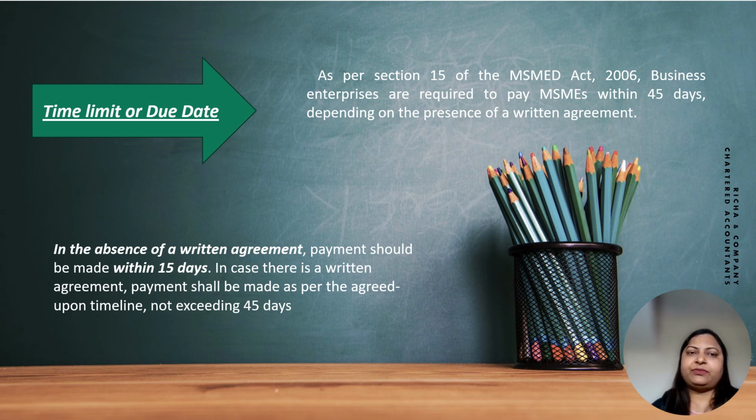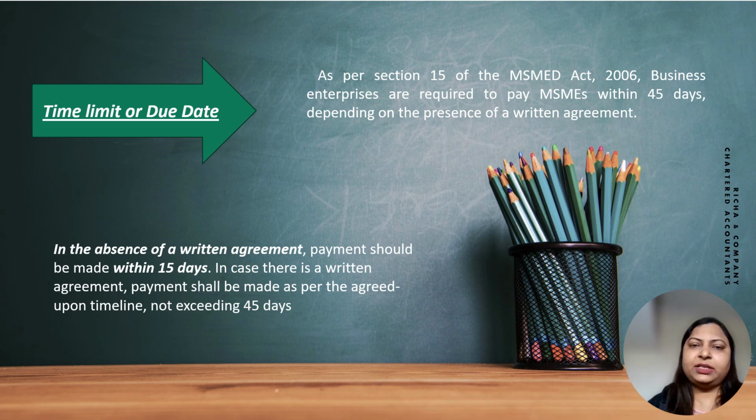Right. So I have used a word, appointed day. What is the appointed day? The appointed day is the day immediately following 15 days from the day of acceptance or deemed acceptance of any goods. So appointed day is used only in case there is no written agreement. If there is no written agreement, then you should pay the sum to the MSME within 15 days only.